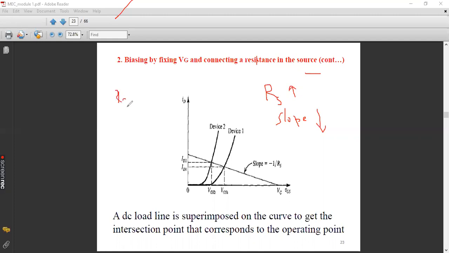When Rs increases, 1 by Rs decreases, that is the slope will decrease, which means this DC load line will move up or come down. Please put your answers in the chat box.